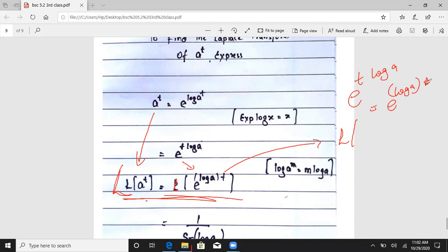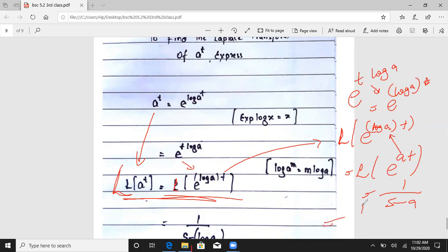And when we apply the Laplace transformation formula, you already know the Laplace transformation of e to the power at function is 1 divided by s minus a. Here, instead of writing a, we will write log of a. That means our answer is 1 divided by s minus log of a.